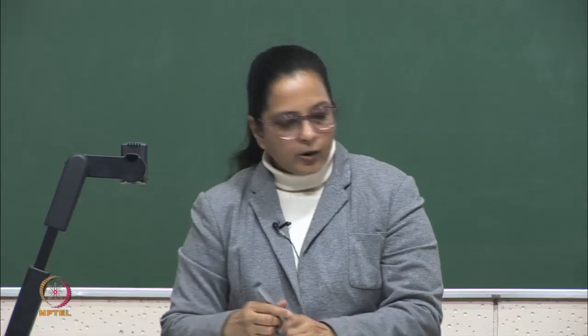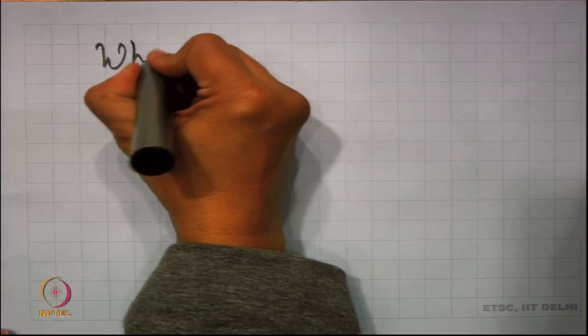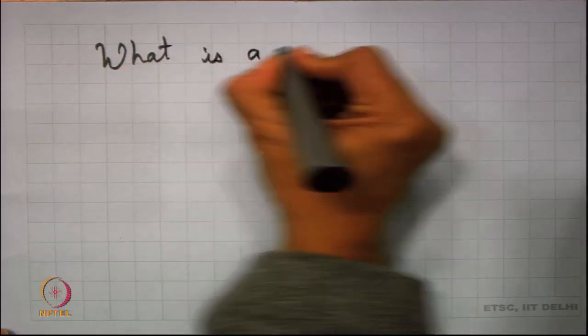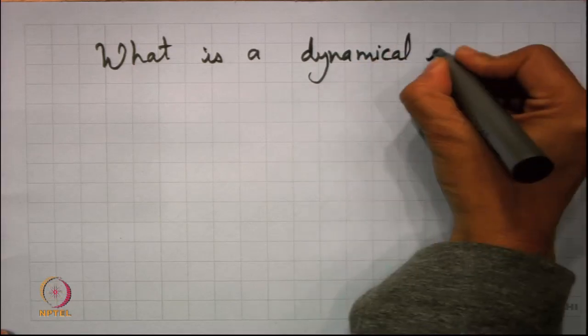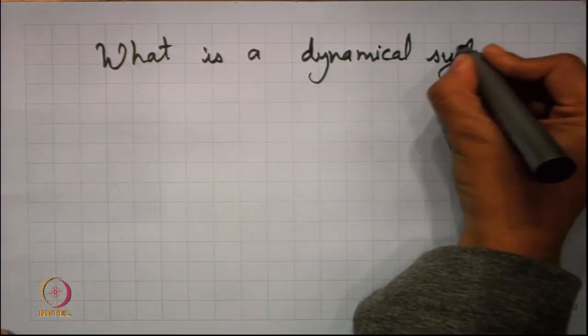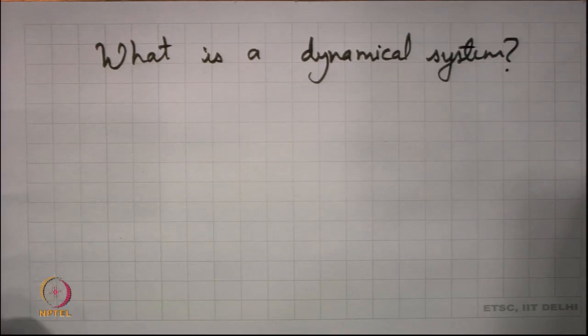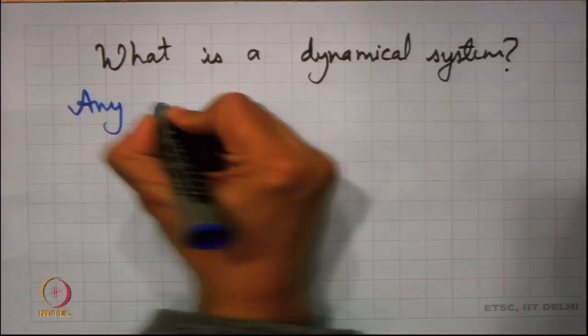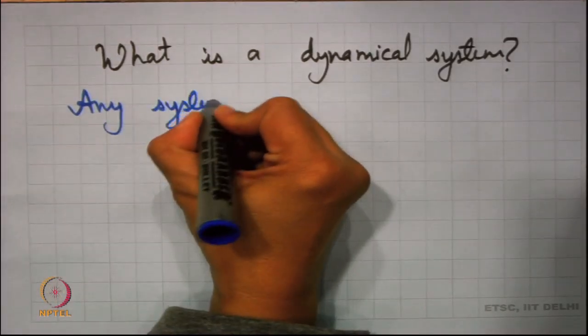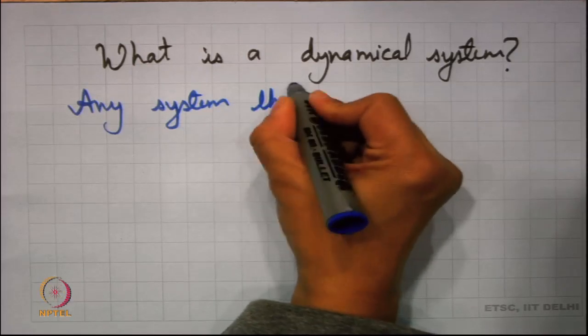So, now one can essentially ask a very important question: what is a dynamical system? And if one has to answer it, a very simple answer would be any system that evolves with time.